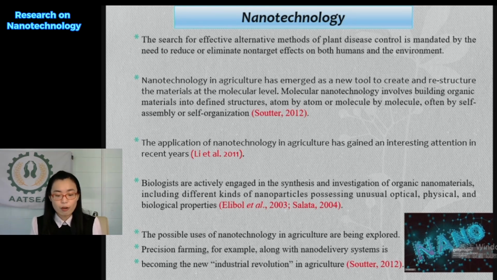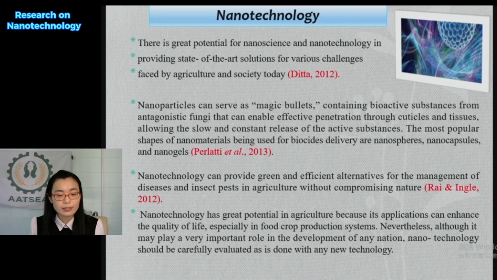Precision farming, for example, along with nano delivery systems, is becoming the new industrial revolution in agriculture. There is great potential for nanoscience and nanotechnology in providing state-of-the-art solutions for various challenges faced by agriculture and society today.